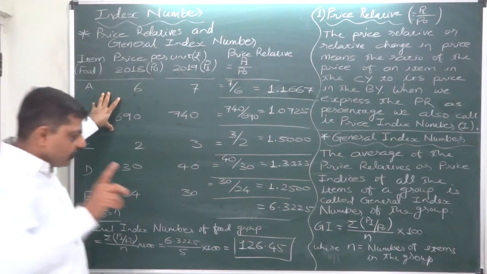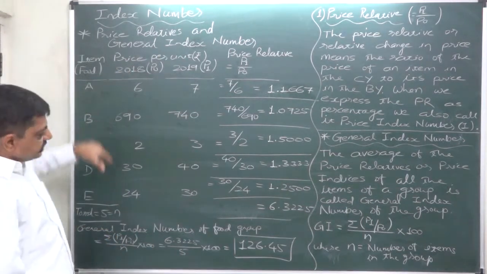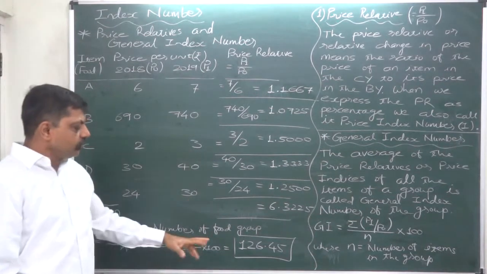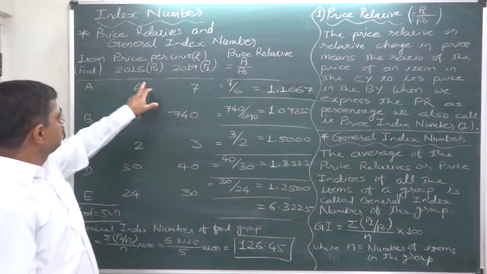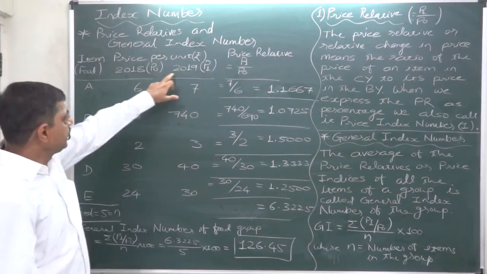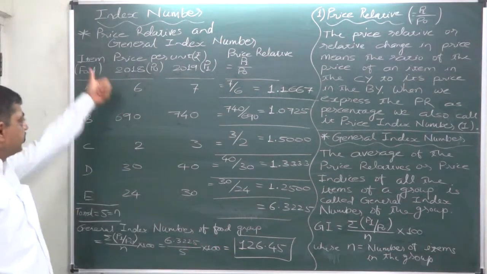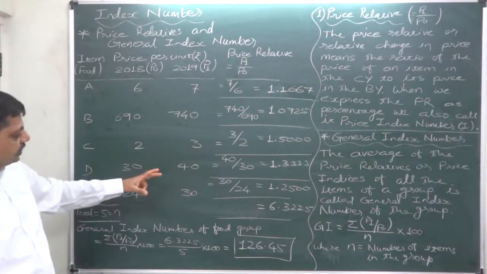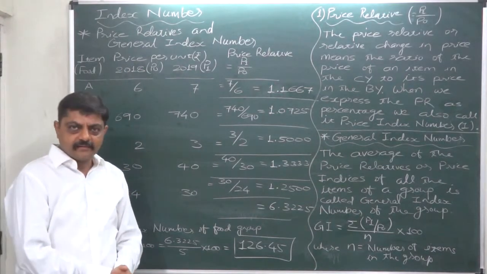The other meaning of this is that the average price rise for all these 5 items in this food group is 26.45% as compared to the base year. In 2019, the average price rise for this particular food group is 26.45% if we compare it with the base year 2018.